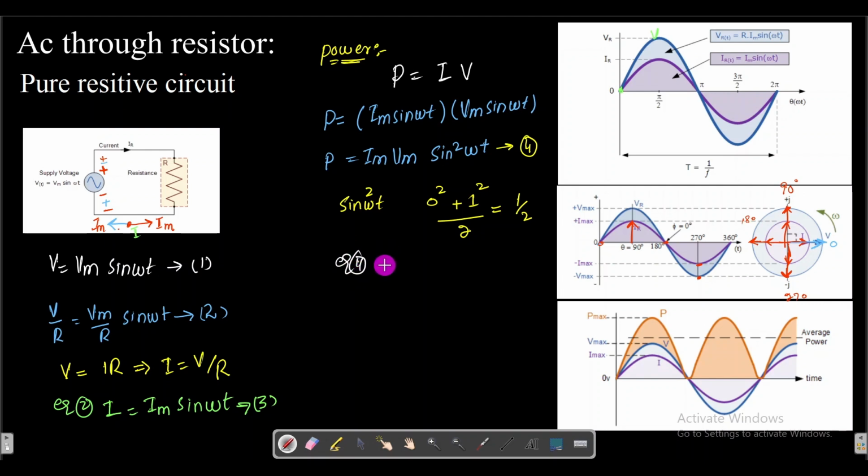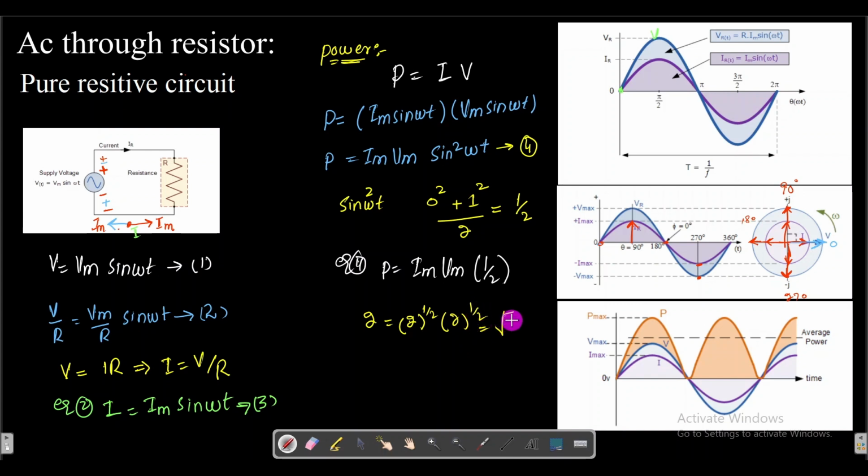becomes this. So P is equal to Im Vm, and instead of sine square omega t I will put 1 over 2 here. We know that instead of this 2 we can put 2 power 1 over 2 multiplied by 2 power 1 over 2.